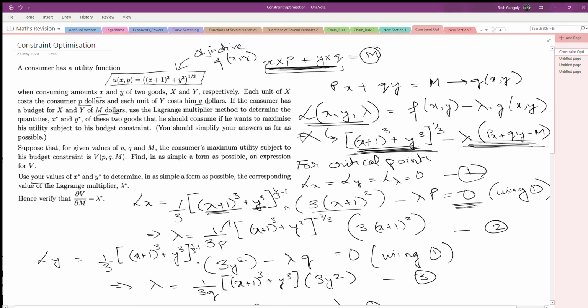And the next thing we need to do is suppose that for any given values p, q, m, the consumer's maximum utility has a budget constraint this. So we have to now find V, capital V, okay? Now what is capital V? Capital V, if you remember, is basically we have to substitute x star and y star in this utility function, right? So let's write them down.